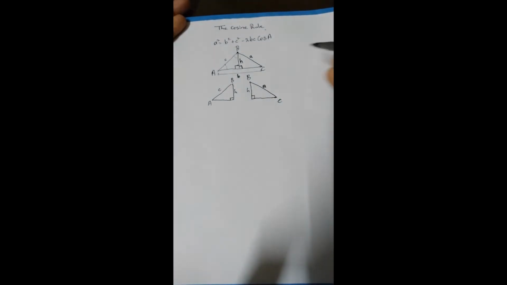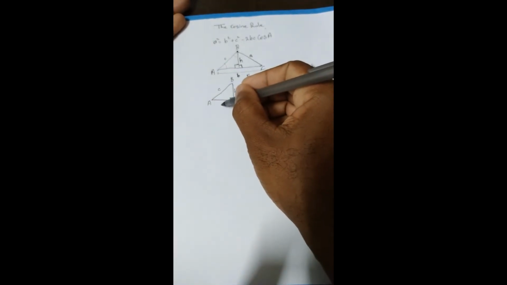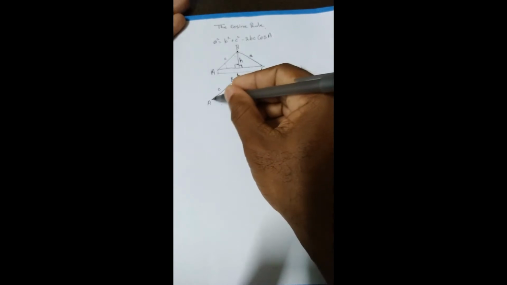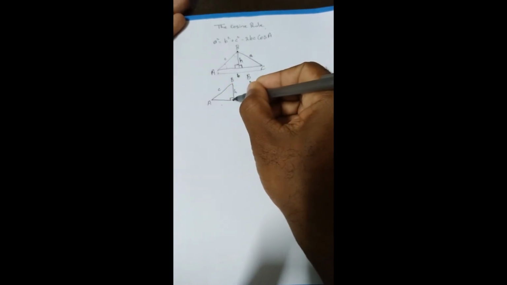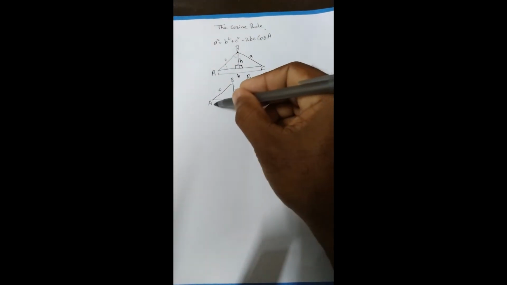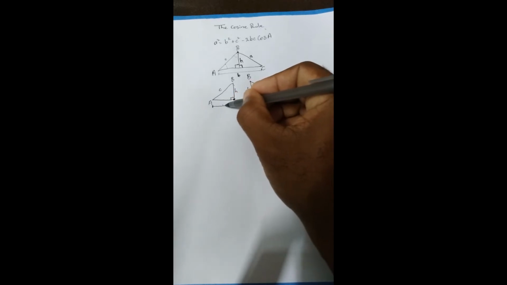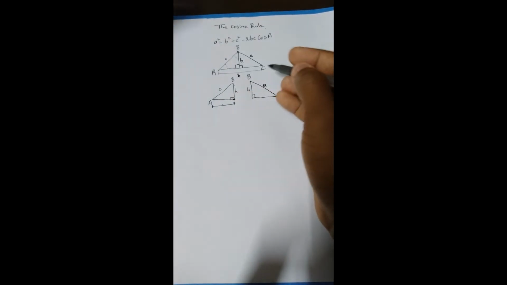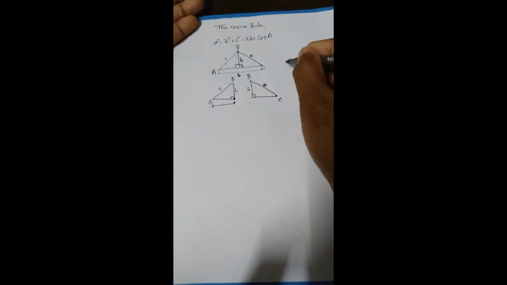To determine the length from A to the base of the right angle right here, I'm going to use SOHCAHTOA. Students should know what SOHCAHTOA is.